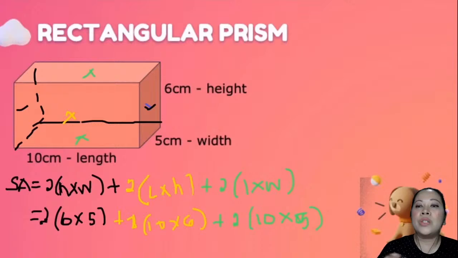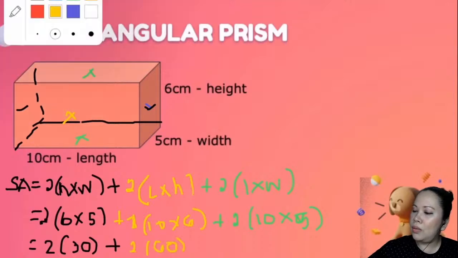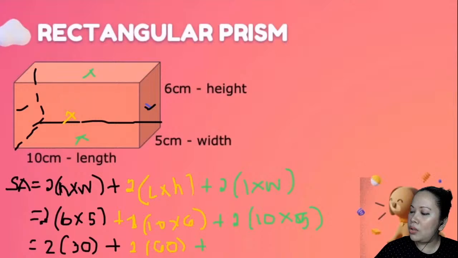So what have you noticed here? Let me just finish answering everything, and then we will see that there's actually an easier way or a pattern. So this will be 2 times 30 plus 2 times 60 plus 2 times 50.